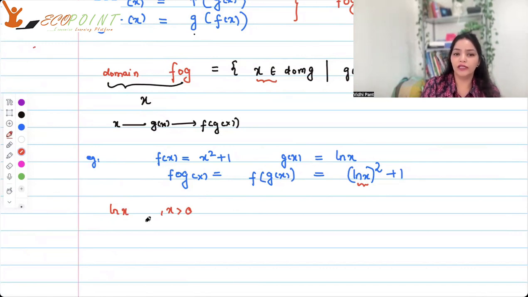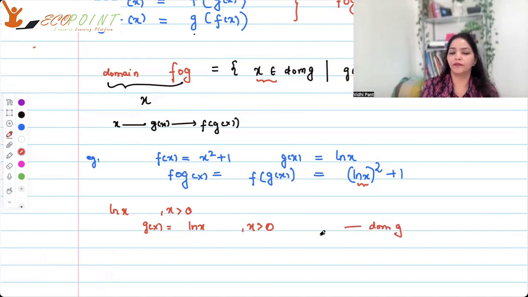So g(x) is log x, only valid when x is greater than 0. Okay, that's the domain of g. So x is in the domain of g, and for f, the input is log x, which belongs to R. So the domain of f is actually R. All right.